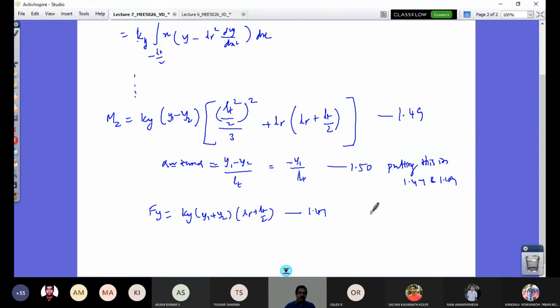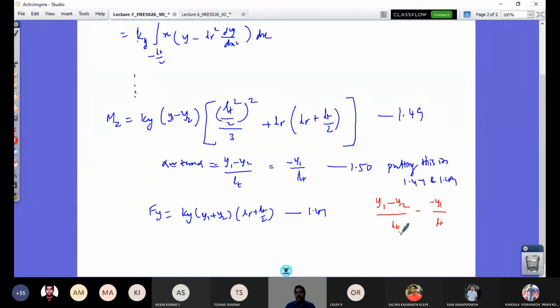That's equal to alpha. I can rewrite this as (y1 minus y2) by LT equals minus y1 by LR, right?